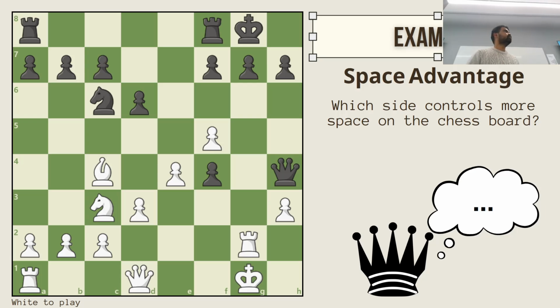If we look at the position again, whose side controls more of the space of the chessboard? White? Why do you think that? Do they have more pieces? Which is more important though?